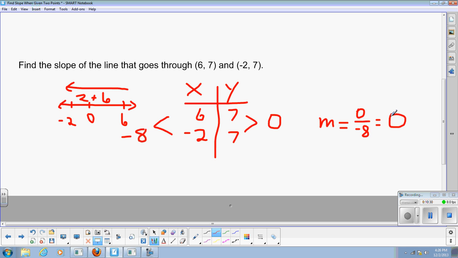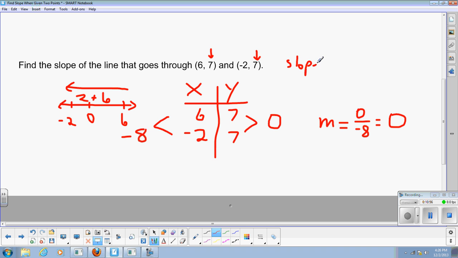That's right. Now let's take a look at the numbers here. What do you notice right here and right here? Yeah, we have the same number in the y coordinate. Anytime you look at a pair of coordinates and the y numbers are the same, the slope is 0. Always will happen.